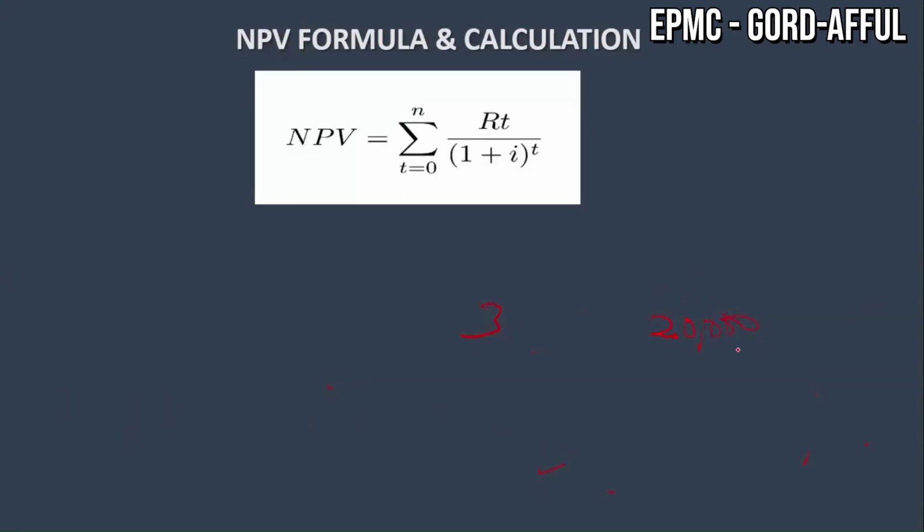What will be the present value? Can you work this? If interest rate is 10%, work this. What will be the present value? Formula is PV equal to 20,000 divided by 1 plus 10%, which is 0.1, raised to the power of 3, the third year. So work this one and let me see.